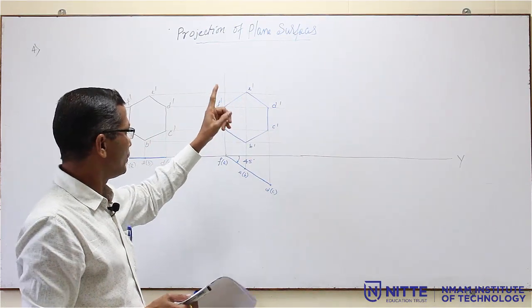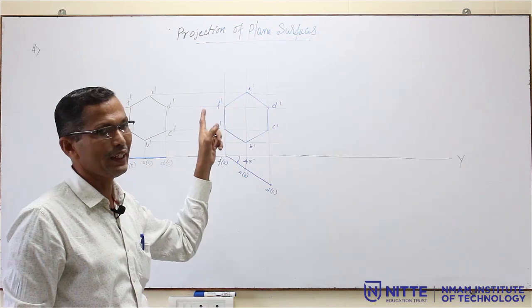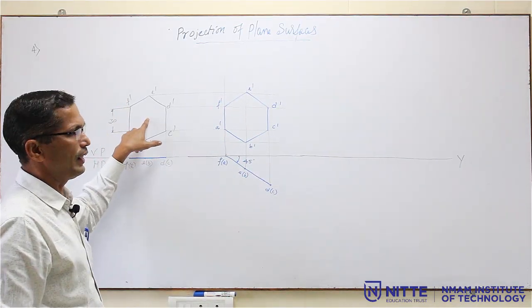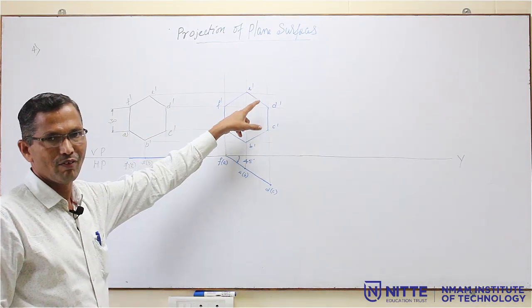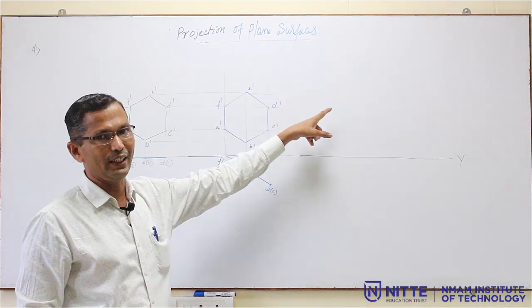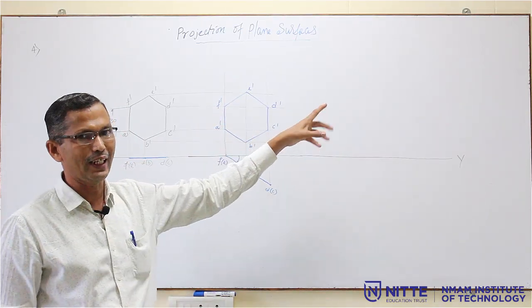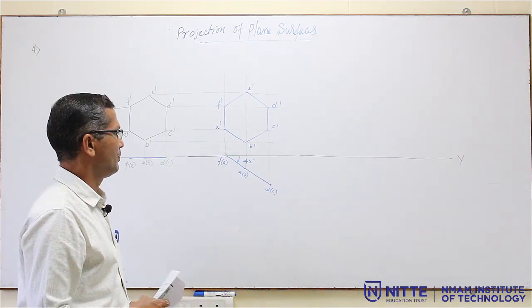So, you can give the inclination only for this; you cannot give the inclination for the remaining diagonals. The diagonal which has the actual length, same as the first figure, is the only line for which you can give the inclination. If the line length has been compressed, then we cannot give the inclination as it is. There is some other procedure. We will discuss it in the next problems.